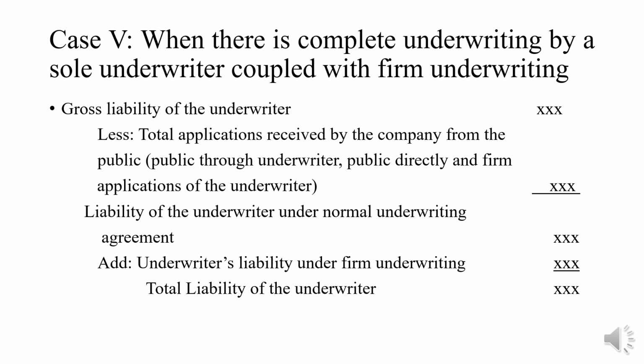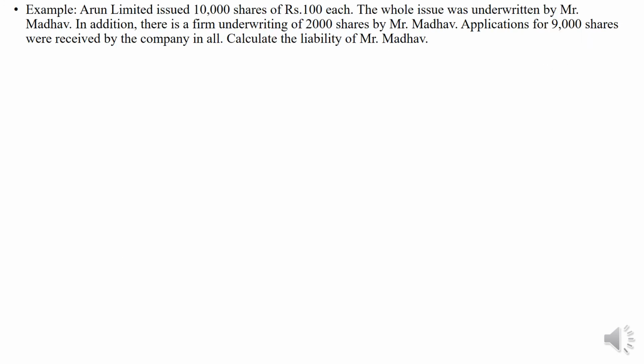Firm underwriting is a system where the underwriters are going to take up the specified number of shares which they have underwritten. So the liability under the firm underwriting has to be added, so that we get the total liability of the underwriter.